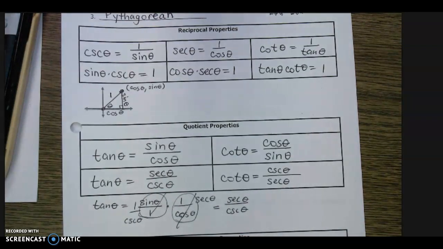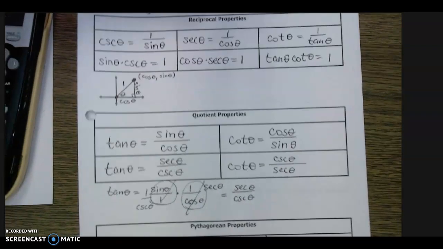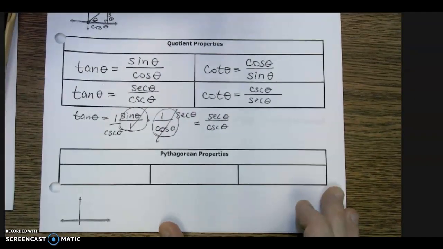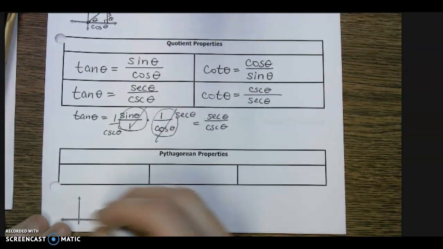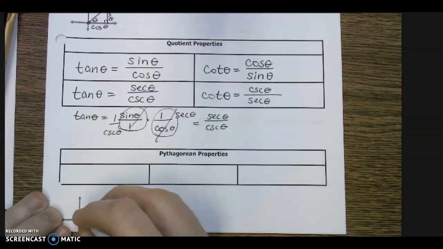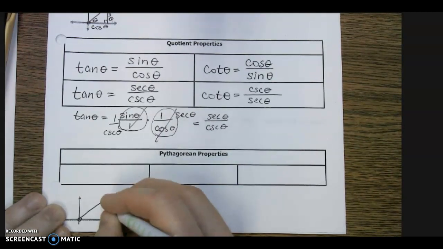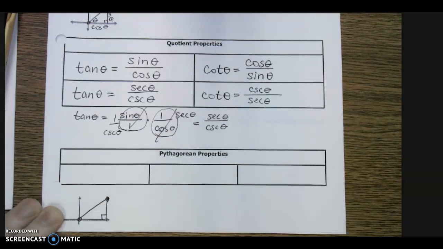And then our last set of properties is your Pythagorean properties. So if we think about the unit circle again and make an angle and connect it to the x-axis, we know that this is the cosine value and the sine value, and that the radius is 1.